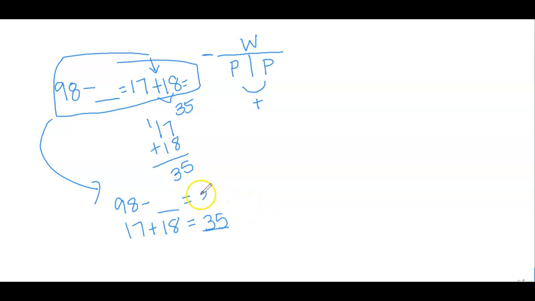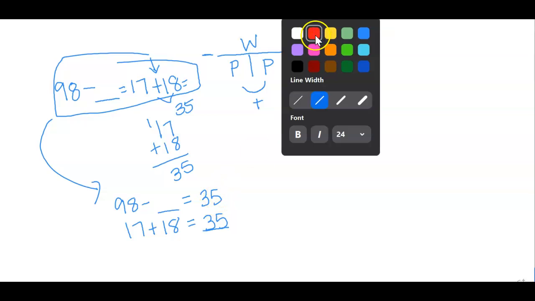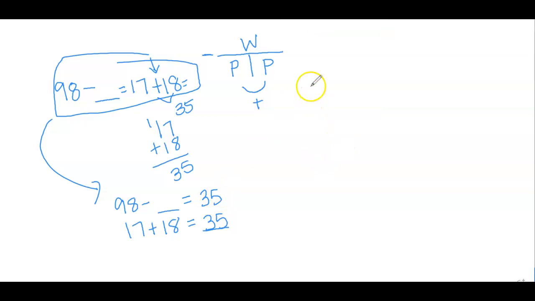So our answer here is also going to be 35 because it's part of a puzzle. Remember, this equation is going to equal the same exact thing as this equation. So what do we do now? We have pieces. Is there a whole number? Are they parts of a number? That is something we need to look deeper at.